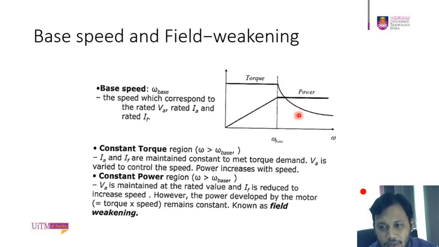In cases where you have reached your base speed but want to further increase your motor speed, you can opt to reduce your IF, but then your torque will be reduced and you have a constant power.